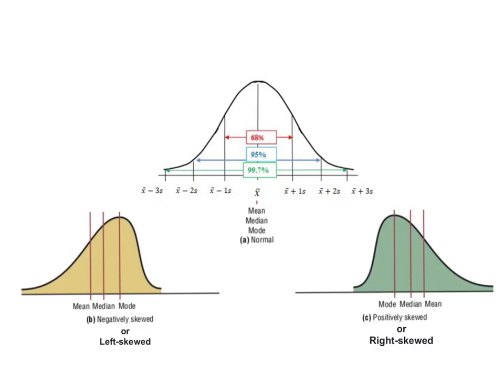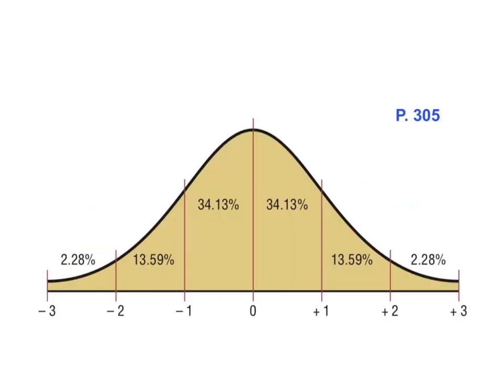We're going to look a little more closely at how that is broken down because we're going to investigate those areas a little bit. And this is something we need to focus on. On page 305 in your book, the normal curve is broken down a lot more precisely than what we've seen before.